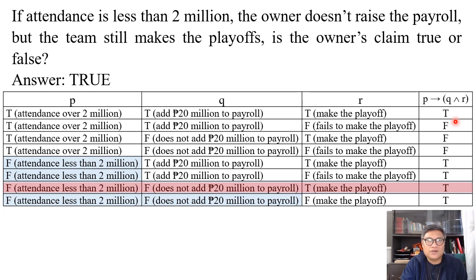Okay, so there are still others which are similar to this one. The first thing that you do is, of course, identify how many simple statements there are, and that will determine how many combinations we can create. Then you translate the statements into symbols using the appropriate connectives.